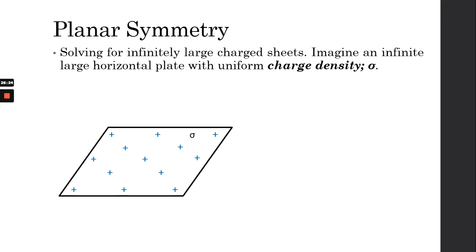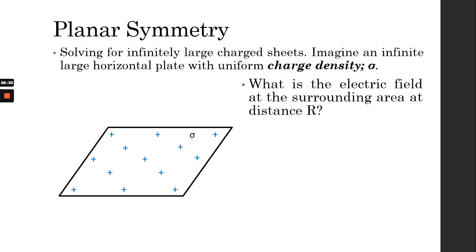And if it is charged, I can find the charge density sigma for this surface. Since this is just a surface, all the charges are found on the surface, so I can use sigma to find how much charge is available per square meter.